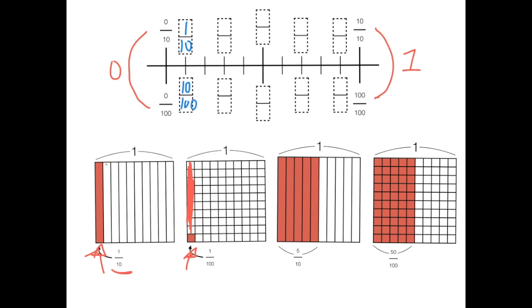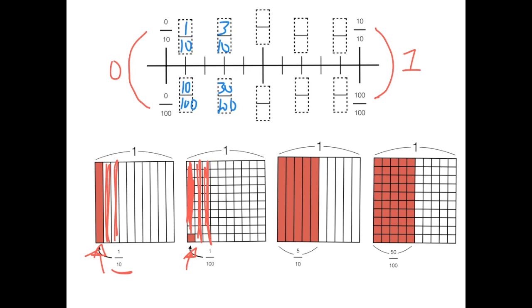By the same way, if I had 3 tenths, I would need to color in 30 hundredths, or 30 little squares, to shade in an equivalent portion of my square. So 3 tenths will be equivalent to 30 hundredths.